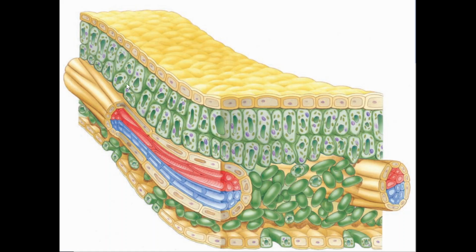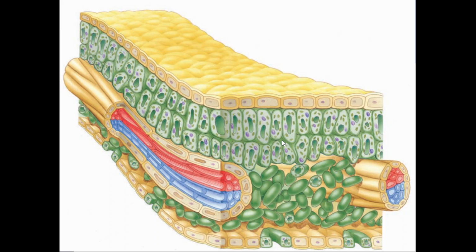The palisade mesophyll is the main site of photosynthesis because it is located just under the epidermis, and the epidermis is transparent, so palisade mesophyll can photosynthesize very effectively.